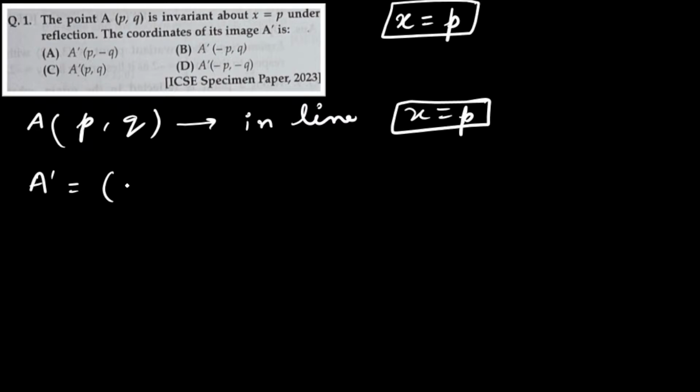If A dash is the image, it is also (P, Q). Invariant point means that the coordinates of the object A and image A dash are the same.